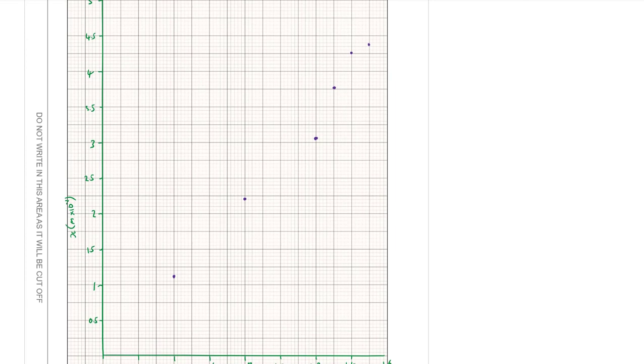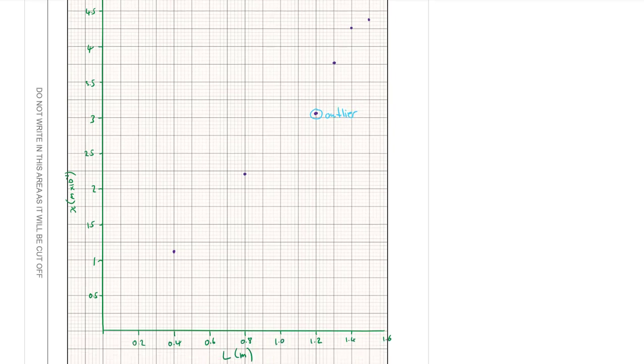Now I just need to draw my line of best fit. It looks like this one here is going to end up being an outlier. Okay, so that one looks pretty good. That's the one I'm going to go with.